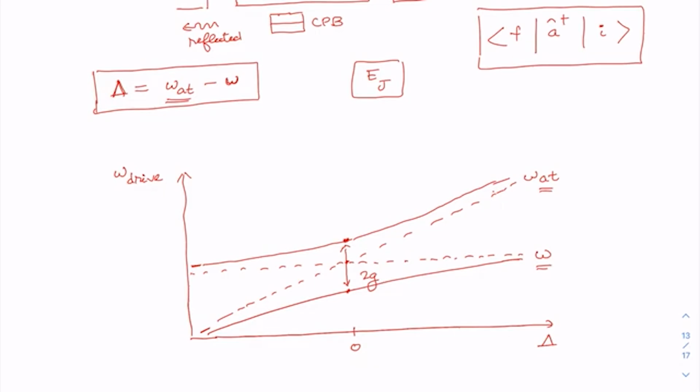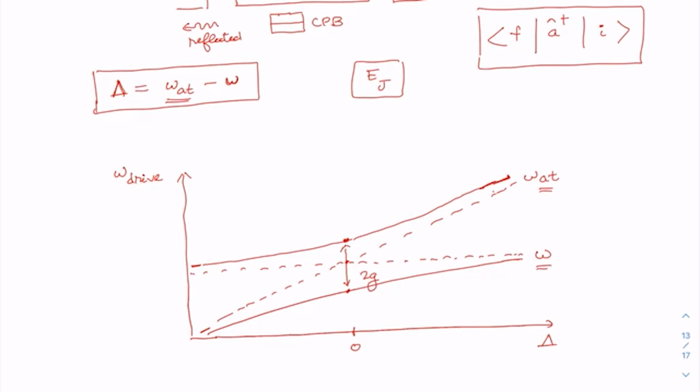But the question is, what happens if we go away from this detuning, away from delta equal to 0? The answer is simple. Suppose our drive frequency omega drive is here, exactly equal to the atomic transition frequency. But at this point we are away from the bare cavity, which means there is no photon inside the system.